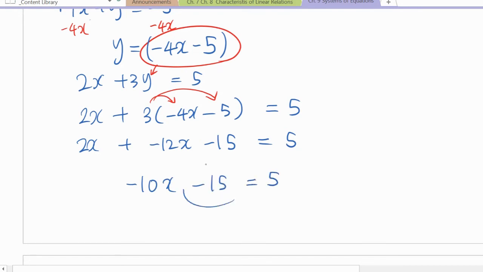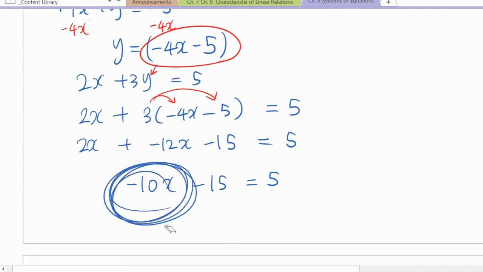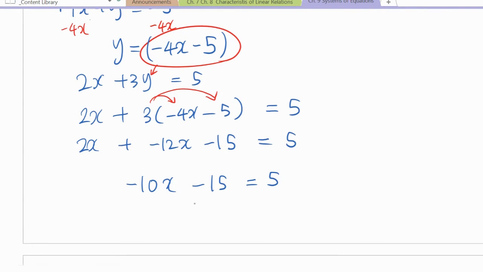Okay, let's get rid of negative 15 because we want to isolate negative 10x. So plus 15, so that will be negative 10x equals 5 plus 15 becomes 20.